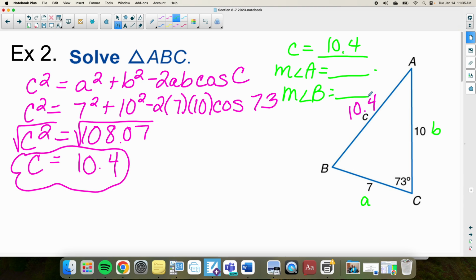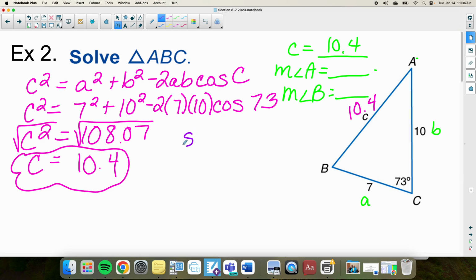You have to show me work today. So now we have to ask ourselves, do we find angle A or angle B? A is across from 7, B is across from 10. Don't we find the smaller of the two? And 7 is less than 10, so we're going to find A.